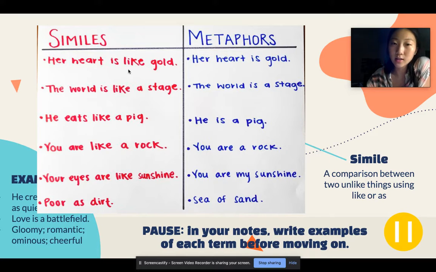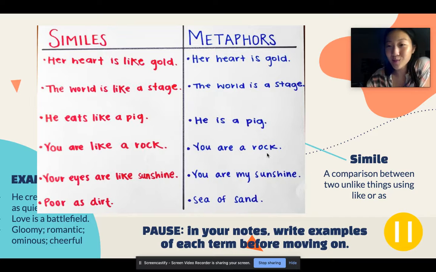But if you say she is like a golden star, you're using the word like, that's a simile. The world is like a stage, we're using the word like, simile. The world is a stage, that's a quote from Shakespeare, that's a metaphor. He eats like a pig, simile. He is a pig, that's definitely meaner, that's a metaphor. You are like a rock, not sure what that means, but it's a simile.